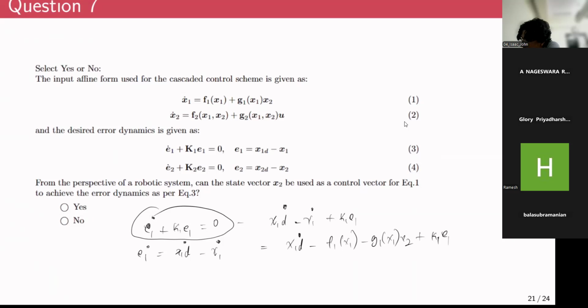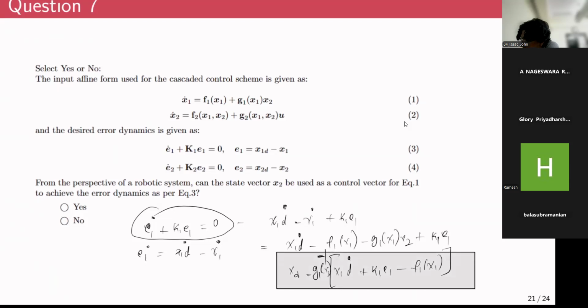The question says, can you use this x2 as a control vector? So now x2 would be x1 desired dot plus K1 e1 minus f1 of x1, the whole pre-multiplied by g1 of x1 inverse.